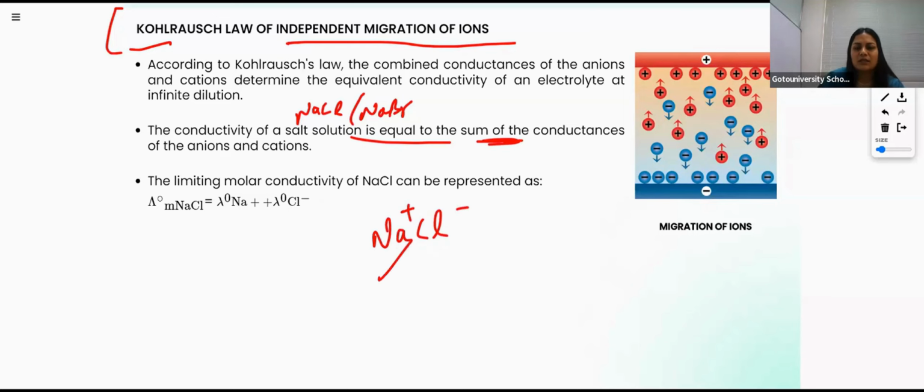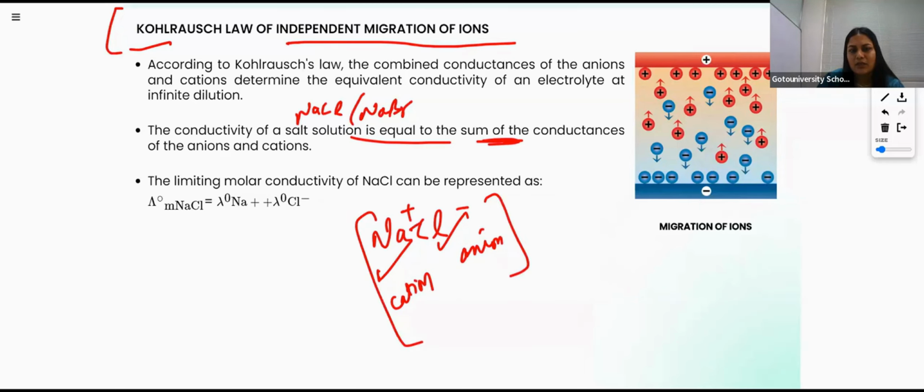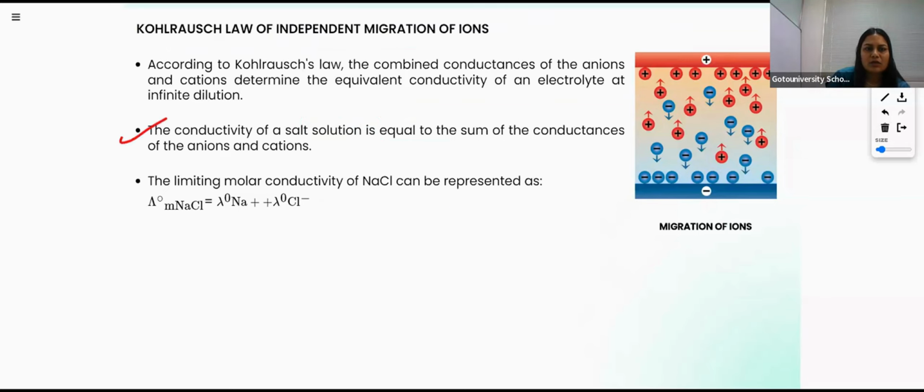Here in NaCl, this is a cation, and this is an anion. If we have to calculate their conductivity, that will be the sum of both cation and anion, right? So the conductance of a salt solution is equal to the sum of the conductances of these ions, anions and cations, right?